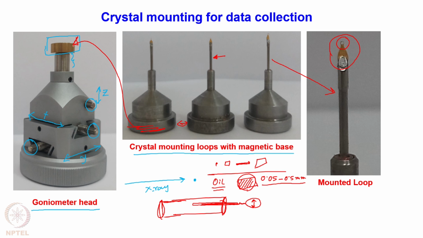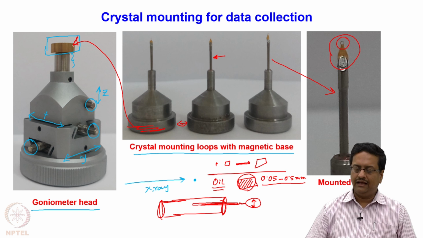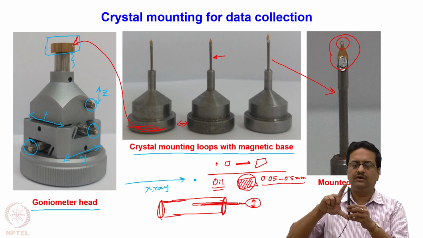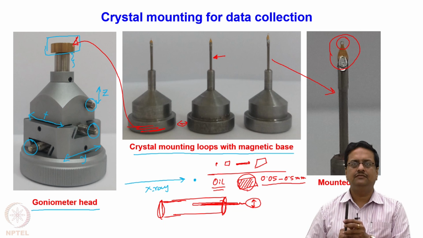So what is then done is that we take the goniometer head with the crystal, we mount it on the diffractometer, and then the axis about which the crystal is mounted, we term it as the phi axis of a diffractometer.